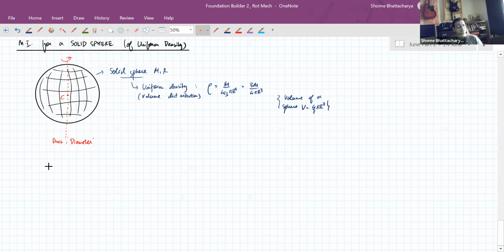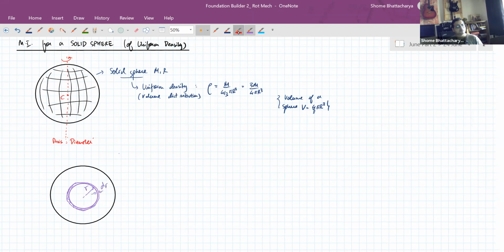We will imagine that we are slicing this solid sphere into concentric thin shells of radius r and thickness dr. Now when you consider this shell about this axis which is passing through the center, this axis is a diameter to the shell also.